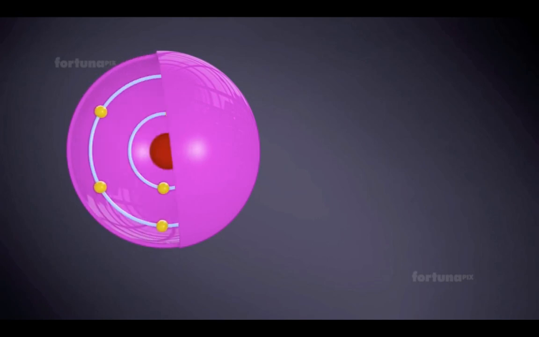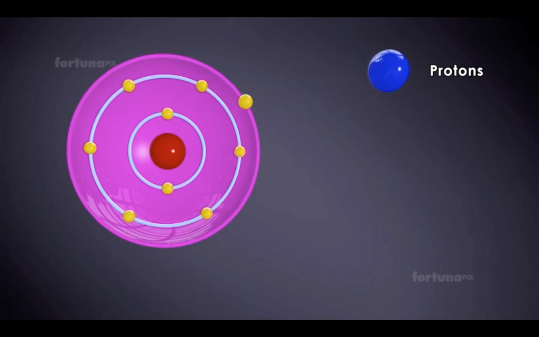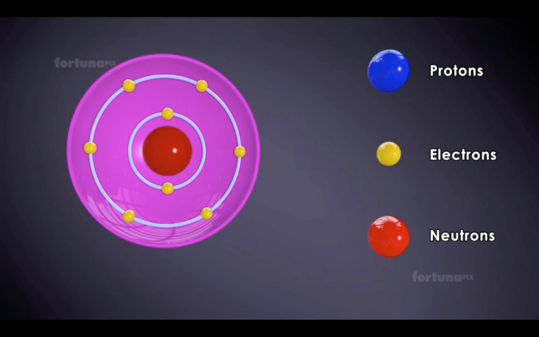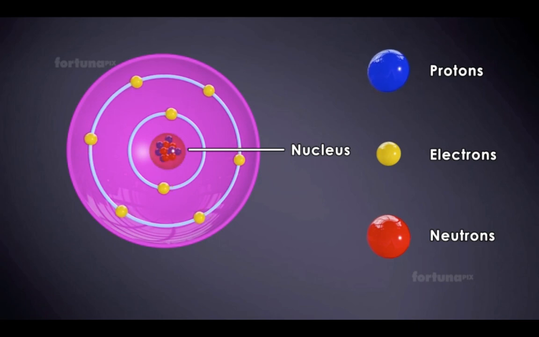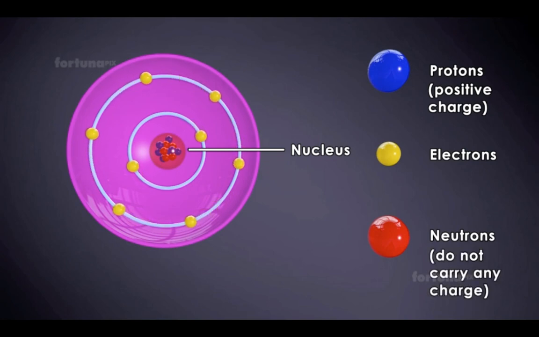If we look inside an atom, we would see three types of tinier particles: protons, electrons, and neutrons. In the atom's center is the nucleus, which is made up of protons and neutrons. Protons carry a positive charge. Neutrons do not carry any charge, so they are electrically neutral.